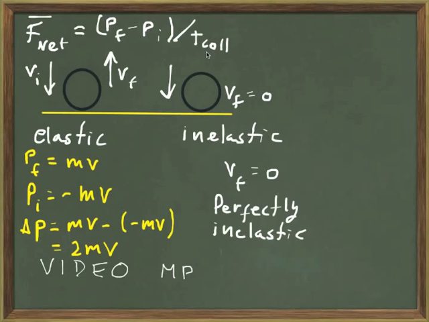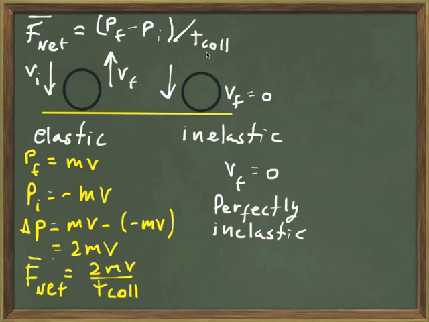So that's 2 mv. Because the change in momentum is 2 mv, the average force acting on that ball would be the change in momentum divided by the collision time, how much time the collision lasted. So 2 mv divided by the collision time. That's going to be the average force experienced by the table.